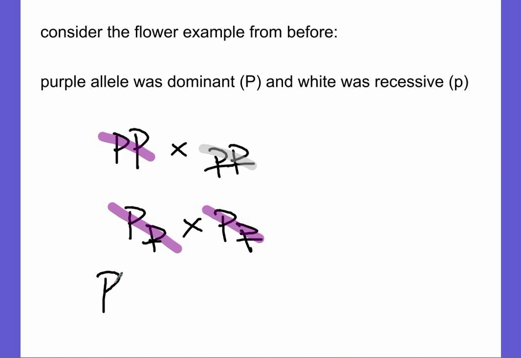Some of the new offspring would have been homozygous dominant. Some of them would have been heterozygous, and some of them would have been homozygous recessive. So I would have had a mixture of different things. Obviously, just from what we can see here alone, there'd be more purple than white. And it turns out there were actually 3 purples for every white flower, which made a big difference when we're talking about meiosis and how that works, and Punnett squares here in the future.